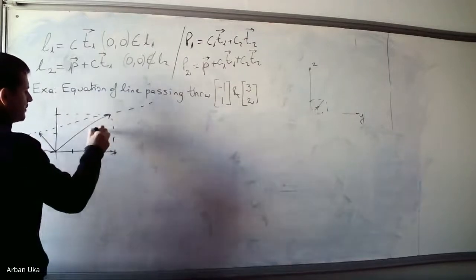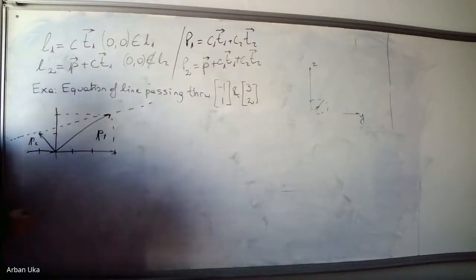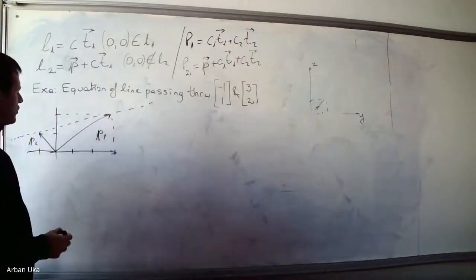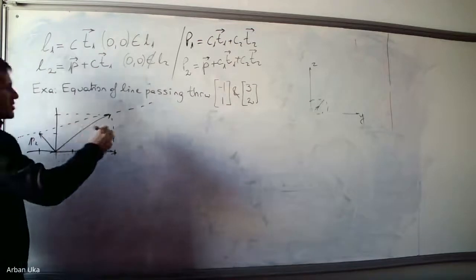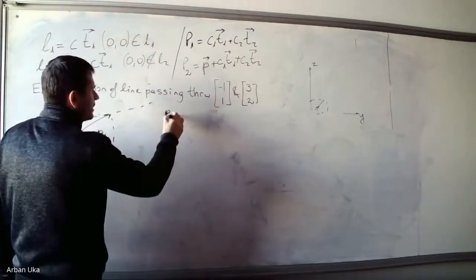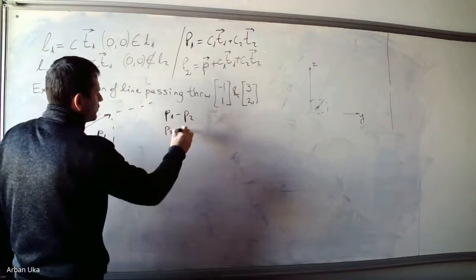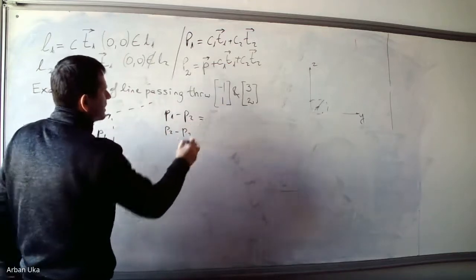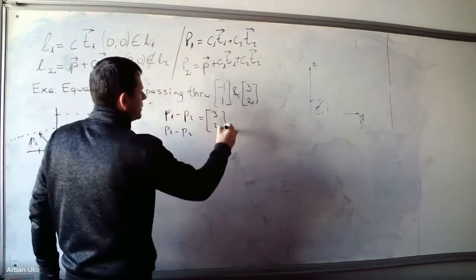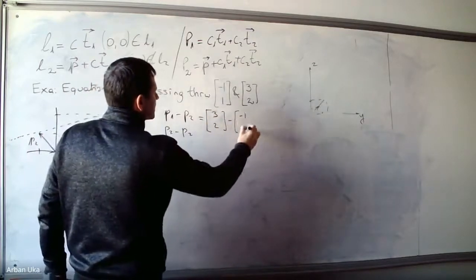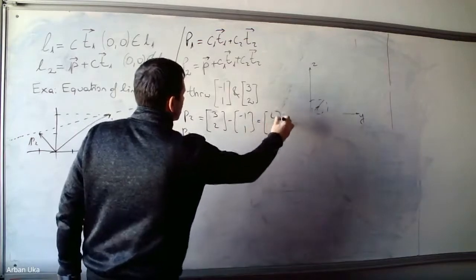So let's assume this is point P1 and this is point P2, but at the same time these are vectors. Any vector that has this direction is either P1 minus P2 or P2 minus P1. It's fine. In this case, for example, we can pick (3, 2) minus (-1, 1), which makes this (4, 1).